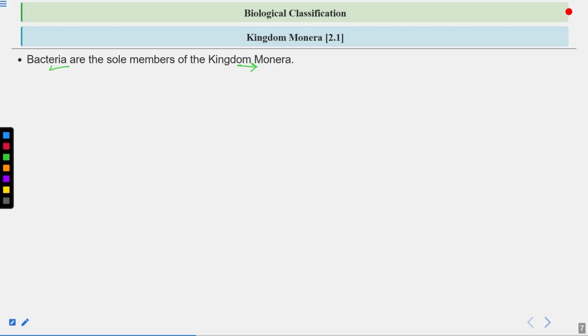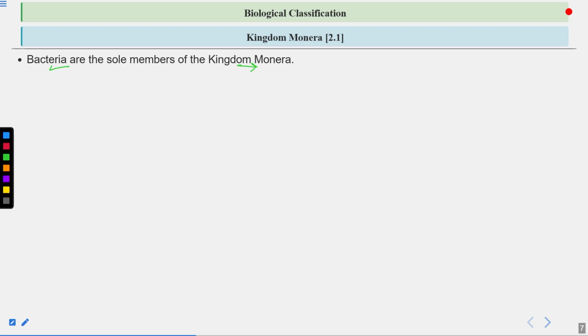So DNA is not enclosed, it is not present within a nucleus. So there is no true nucleus. Instead of a nucleus, there is a nucleoid, a region where the genetic material is present. What are the other features of prokaryotes? They don't have membrane-bound cell organelles.